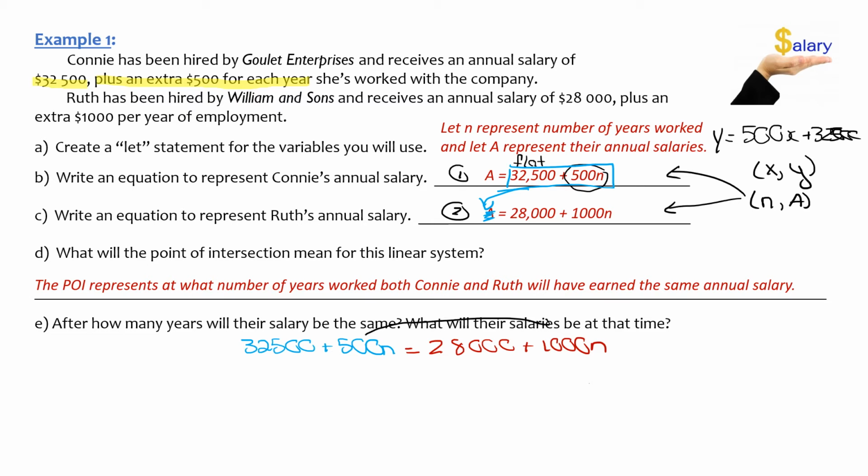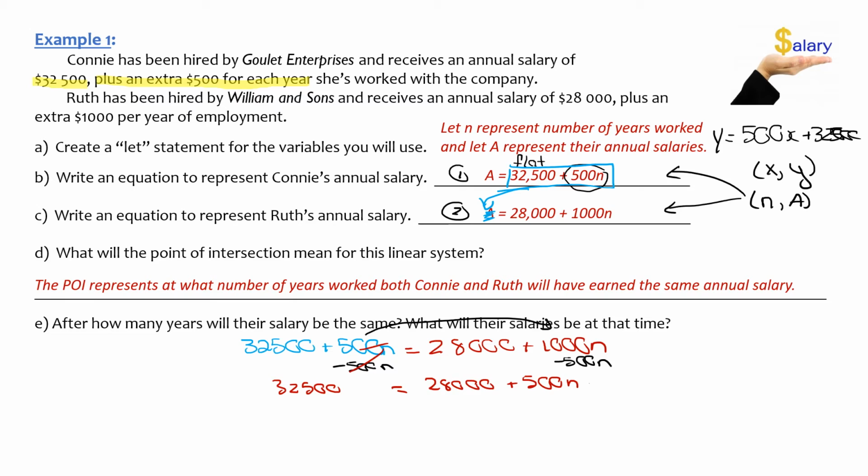So I'm going to bring this 500N over here, and I do that by subtracting 500N from both sides. I now have 32,500, these are gone, equals 28,000, and 1,000N minus 500N is 500N.